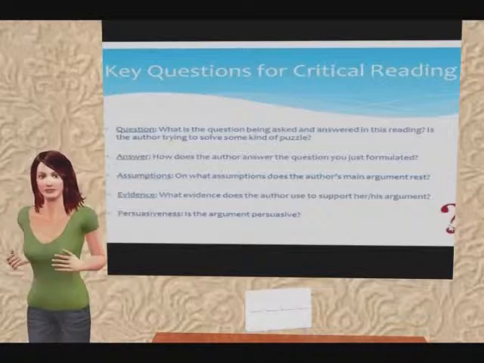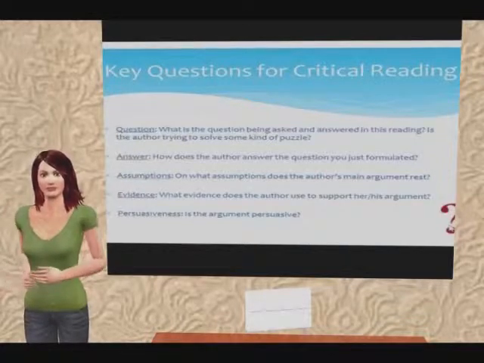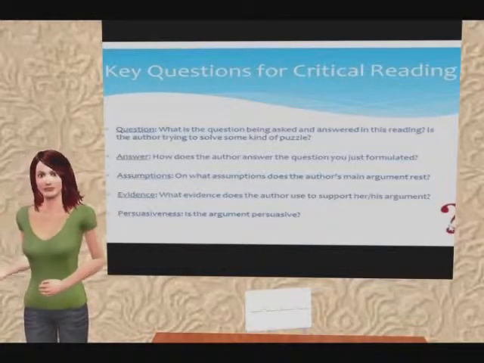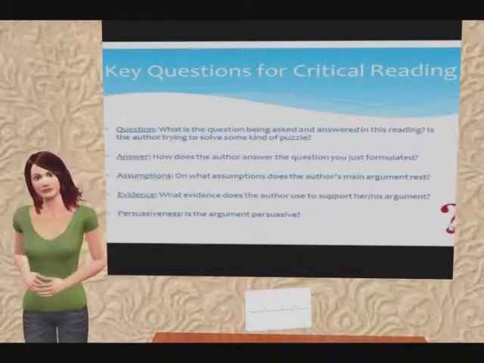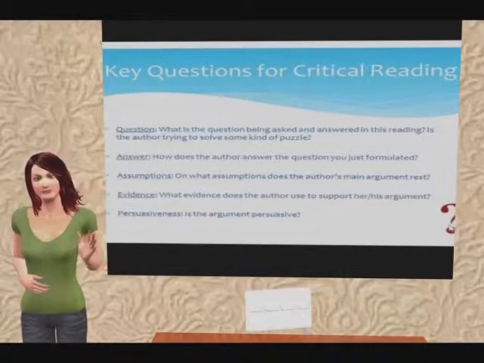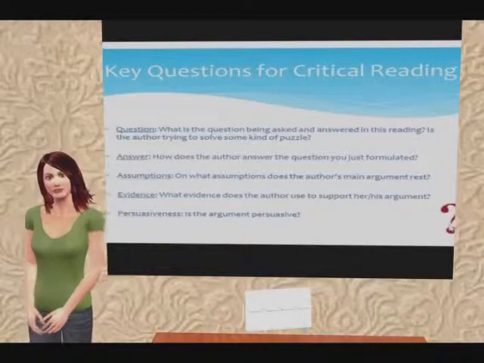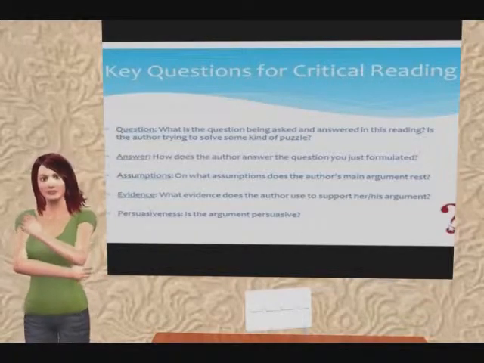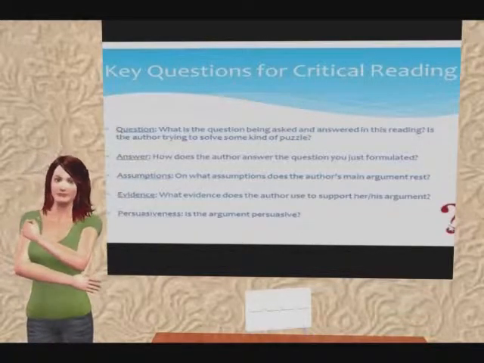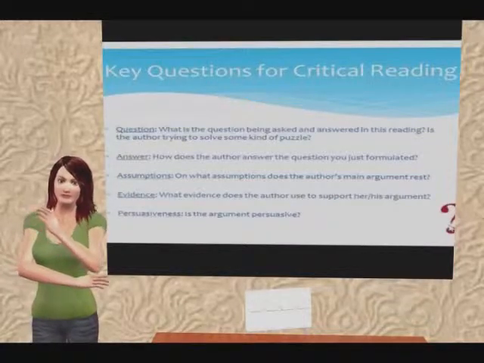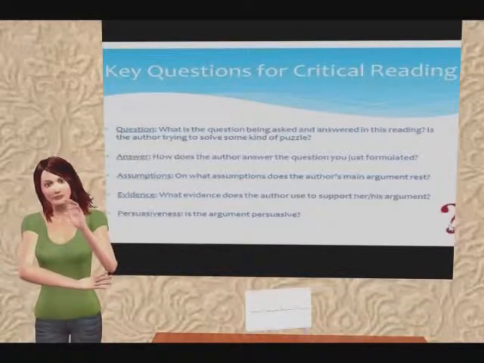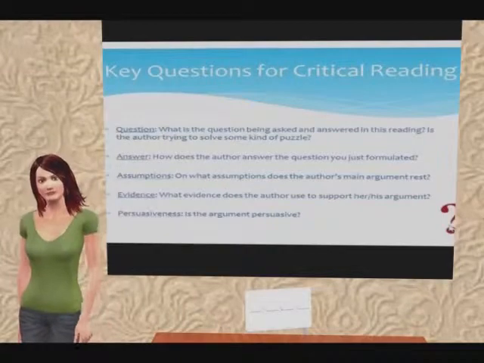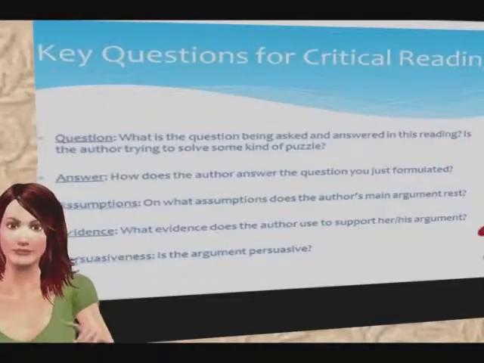Oftentimes, I like to do this in my own reading because I think it's being very nice to the reader. Oftentimes an author will actually say, the question that I seek to answer in this article or book is, and they'll put it in the form of a question. So be sure and look for that. Not all authors do, but many of them often do this, and it's a really nice way to signpost what the main idea of the text is.